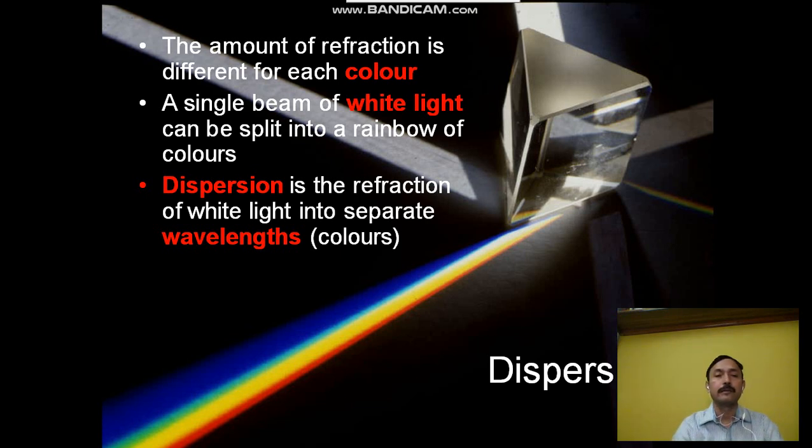V for violet, I for indigo, B for blue, G for green, Y for yellow, O for orange, R for red. So, splitting of white light into its 7 constituent colors is known as dispersion of light.